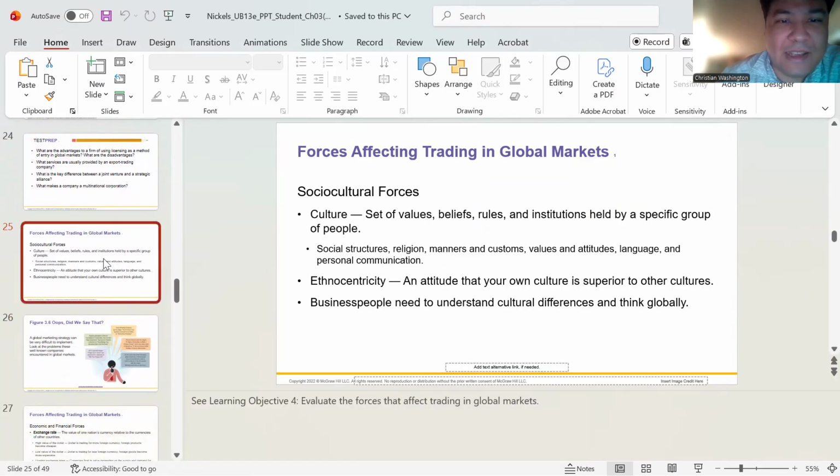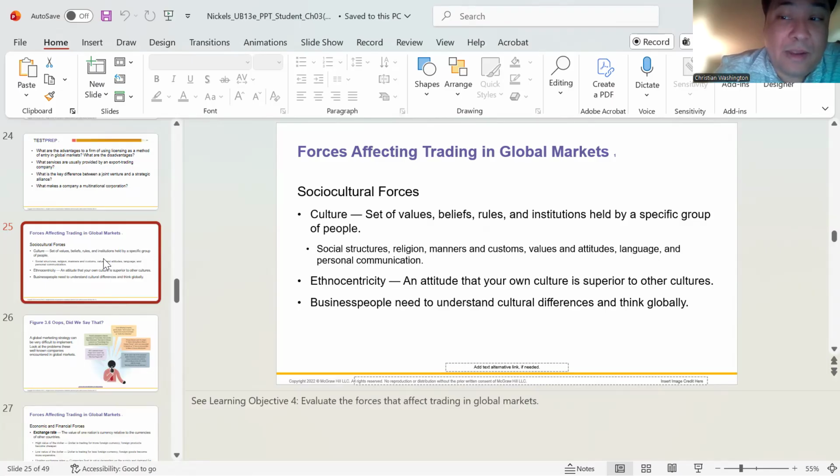Now, lastly, I'll end on sociocultural forces, right? Culture, obviously. I spoke about burgers, right? Beef. People eat that in America, but you're not going to see that in India, right? That may be changing. I do know there are different cultures.